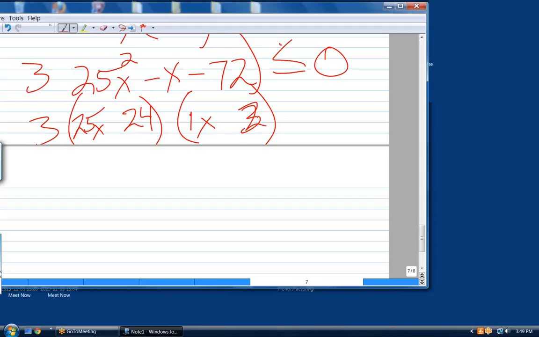Let's stick this into my trusty Inspire and see. I'm going to try to factor this in my calculator. I'm going to be amazed if it factors. 25x squared minus x minus 72.